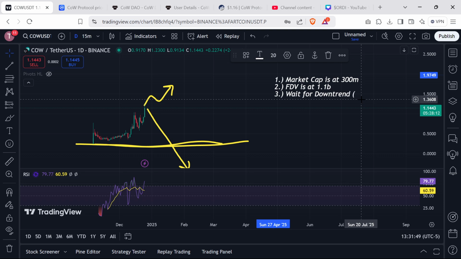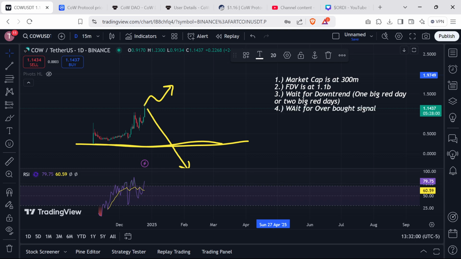Okay, so it can be one big red day or two big red days. And then after that, wait for overbought signal on RSI, cross above 70, right? That's when the RSI crosses above 70. And then from there, we can short, and aim for a 2 to 1 risk to reward ratio.